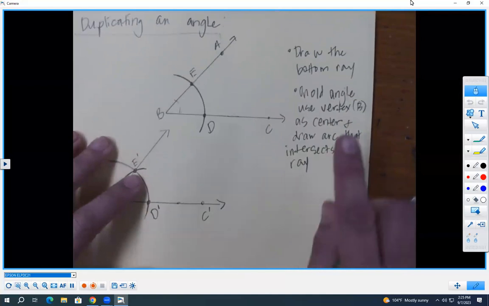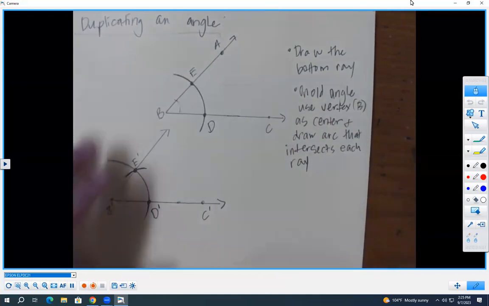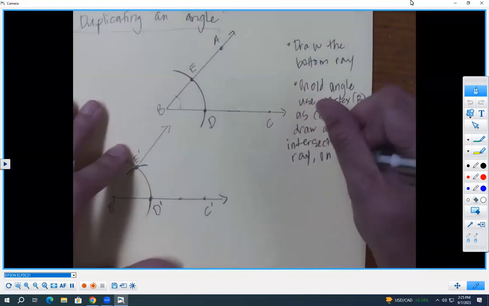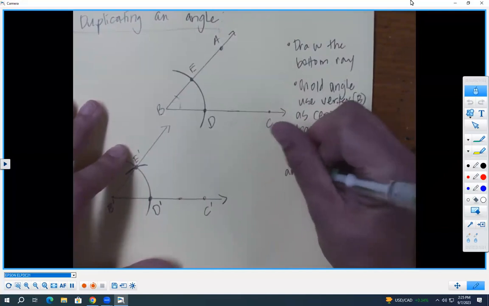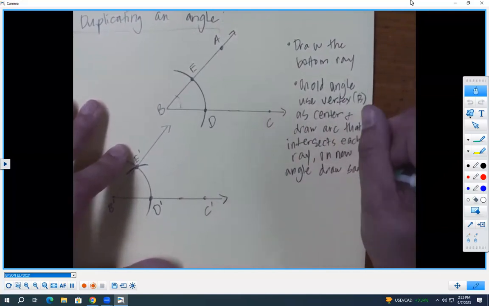And then we're gonna do the same thing on your new ray. So on the old angle, we do that. On new angle, draw the same arc.